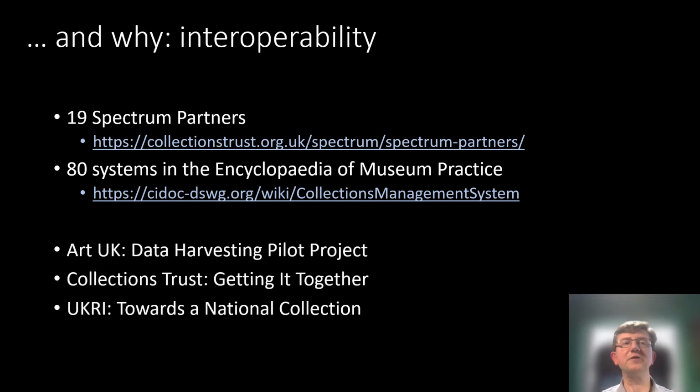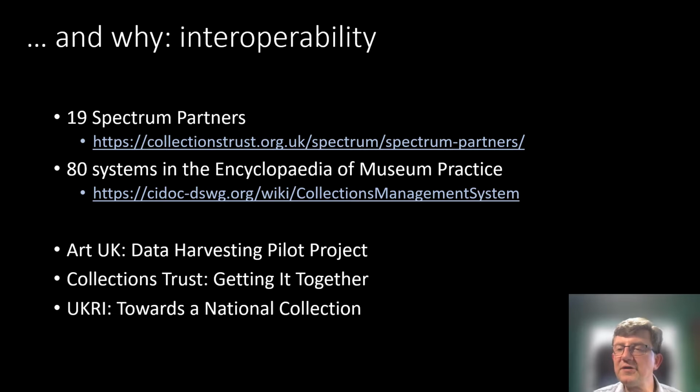Now, the smooth transfer of object data between museum databases has been the holy grail of museum documentation since at least 1990, when the Consortium for Computer Interchange of Museum Information, or CIMI, was founded. There have been recent positive developments in this area, for example in the UK, where Art UK's successful data harvesting pilot project aggregated information from different systems.